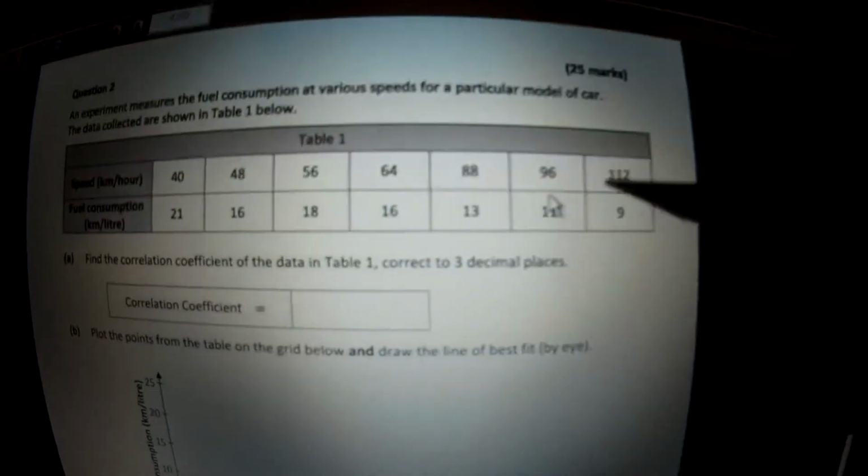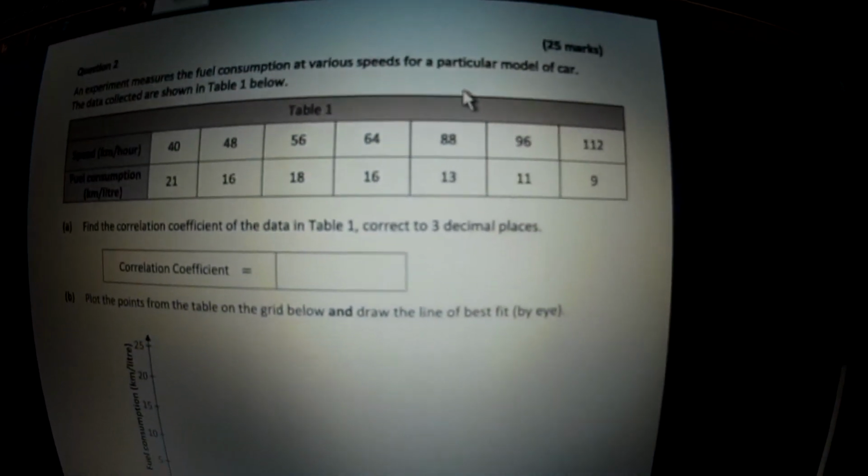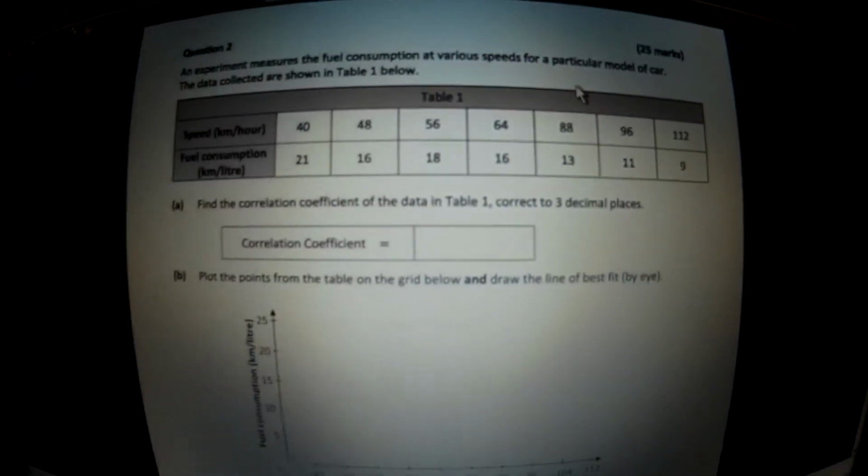And based on the data in table 1 and their average speeds, find how much more Jane spent on fuel during the course of the journey. Right, so Mary was going at 96 kilometers per hour. At 96 kilometers per hour, she's using 11 kilometers per liter in fuel.